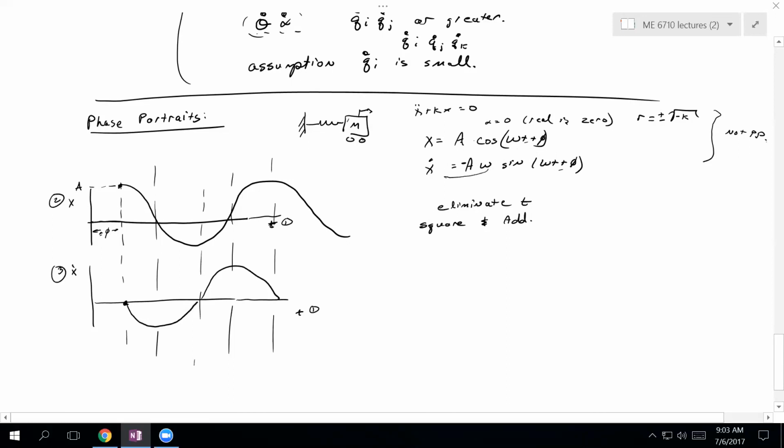If I divide both sides by omega, notice I get A cos squared, A sine squared. So I'll get x squared plus x dot over omega squared equals A squared, because I got a cos squared plus sine squared, which goes to 1.